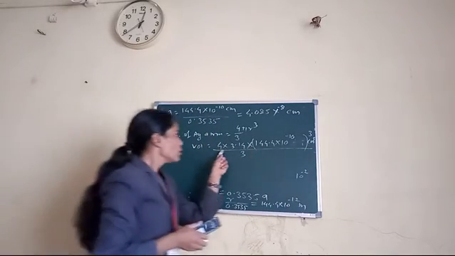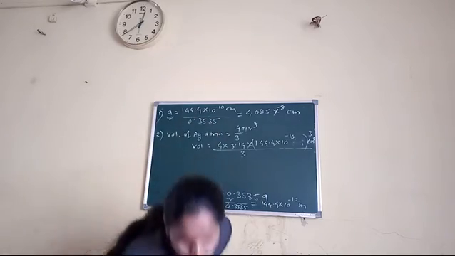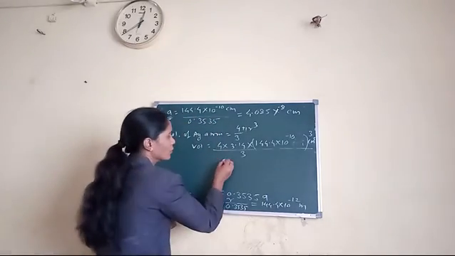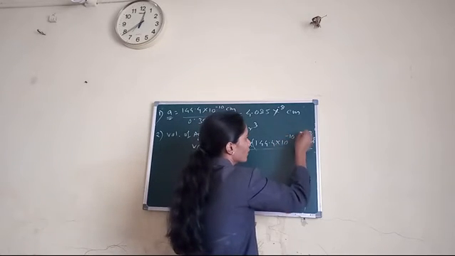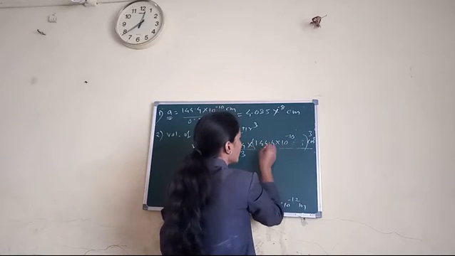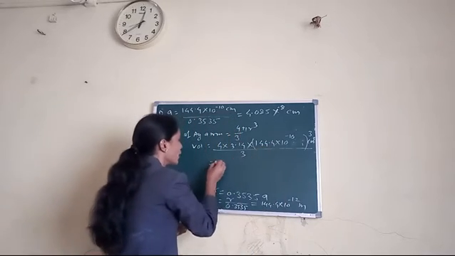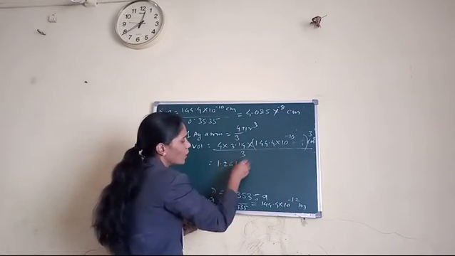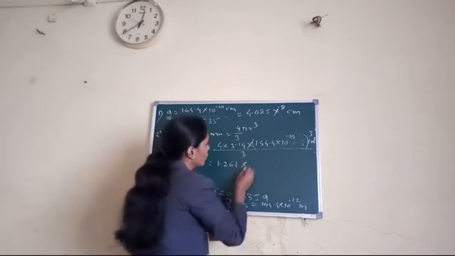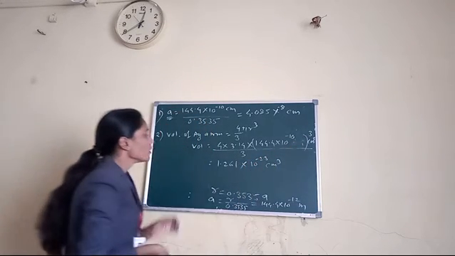To solve this equation, we get 1.10 raised to minus 3 having cube and 144.4 having cube. To solve this, we get 1.261 into 10 raised to minus 23 centimeter cube.